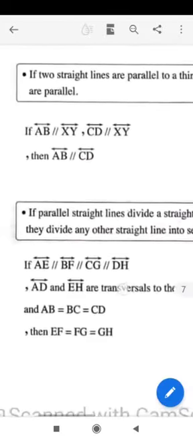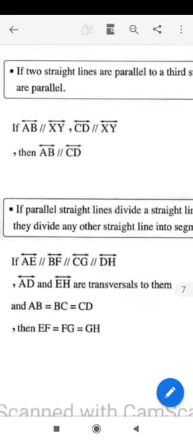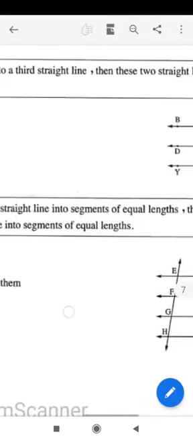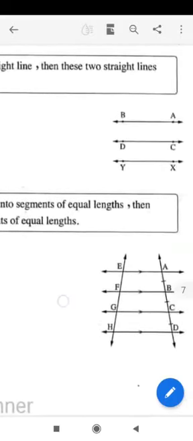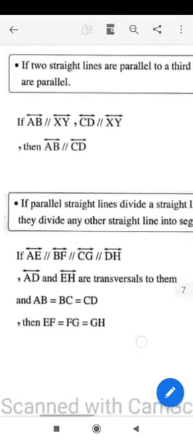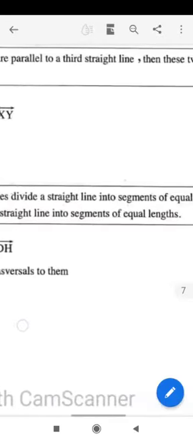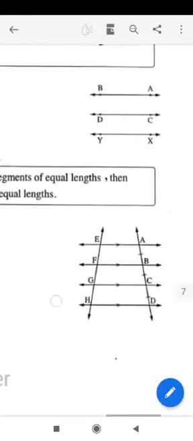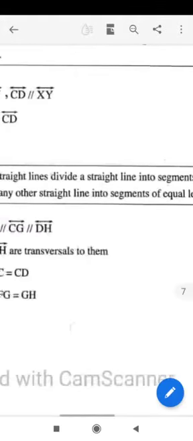Number 3, if parallel straight lines divide a straight line into segments of equal lengths, then they divide any other straight line into segments of equal lengths. It means if we have more than two parallel straight lines and two straight lines intersecting them, and the parts between the lines on the first straight line are equal, then the parts on the second straight line will be equal in length.